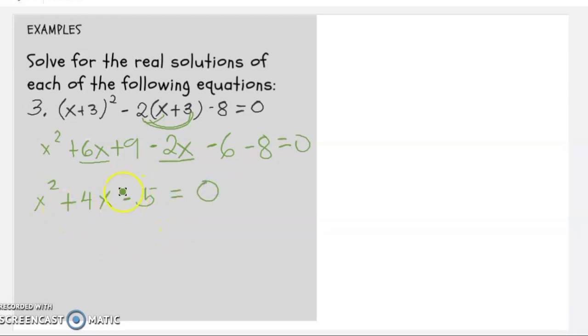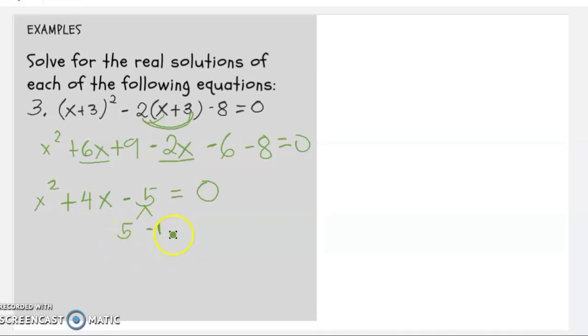So, as you can see, pwede ba nating gumamit tayo ng factoring method dito? Pwede. So, ano yung factors ni 5 na kapag pinagsama natin or pag pinag-add natin, positive 4 ang kalalabasan? So, pwedeng positive 5 and negative 1.